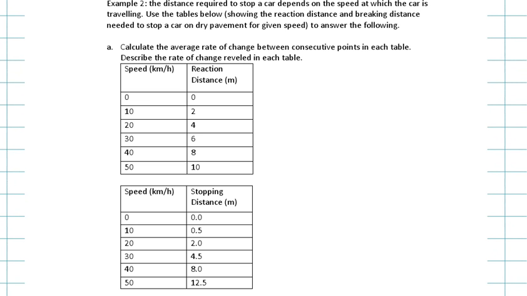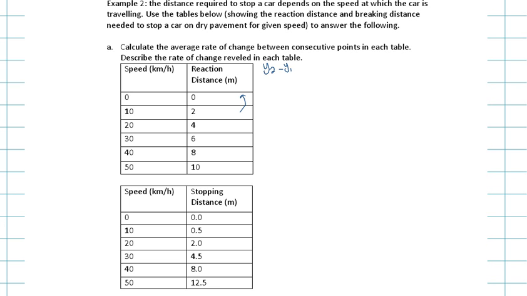Okay? So if I want to find the rate of change of these 2 points, what do I do? Subtract what? Speed from reaction. So I have to subtract this minus this. Remember, it's y2 minus y1 over x2 minus x1, right?